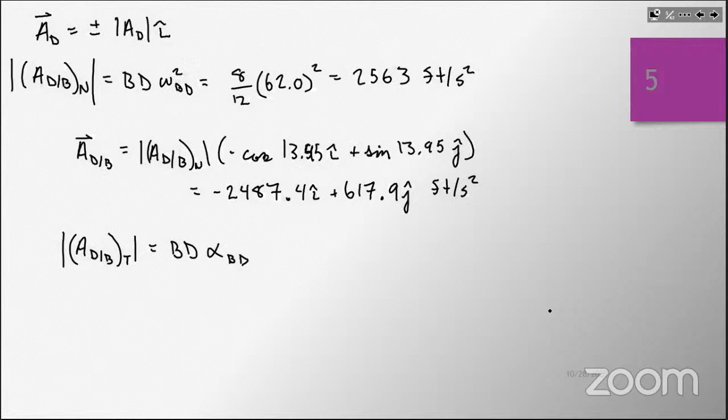We don't know the angular acceleration of BD yet, that's one of the things we're trying to find. But if we put this in as 8 over 12 times alpha BD, we can write that as 0.667 alpha BD, or 2/3.